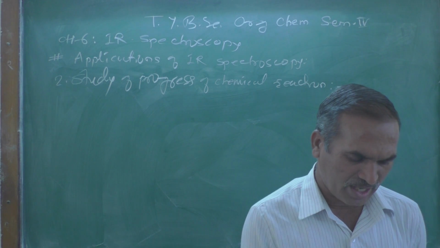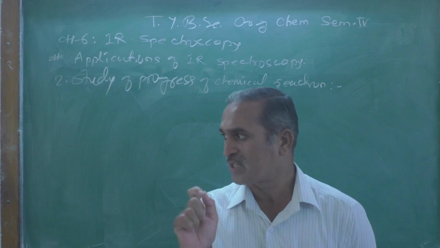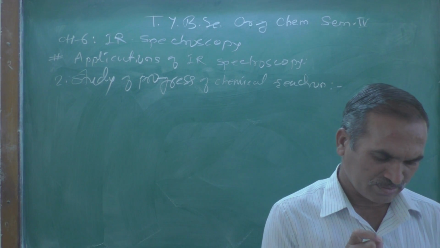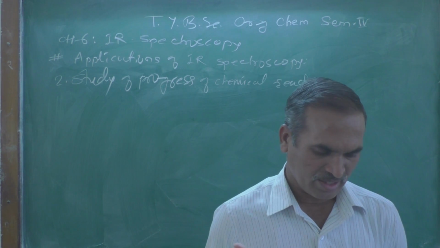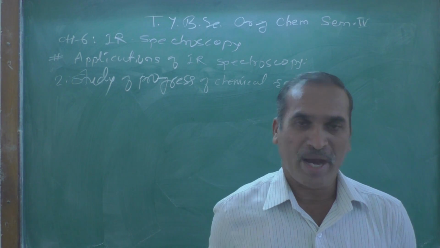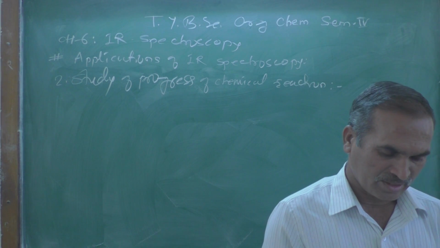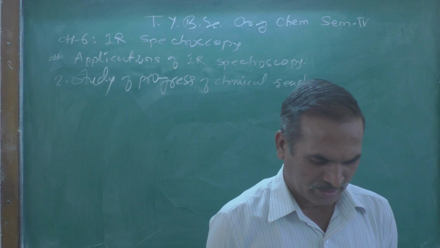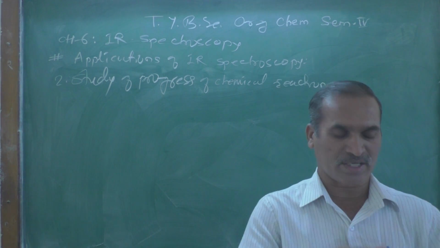The spectrum is used to determine how far the reaction has progressed and whether it is proceeding by the expected pathway or not. This can be elaborated with the following examples.